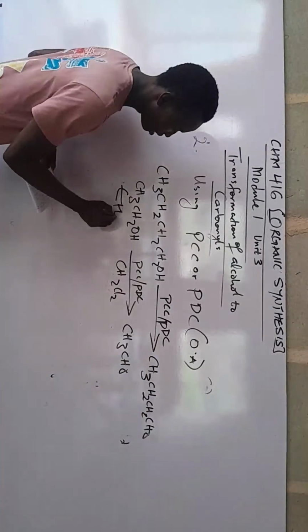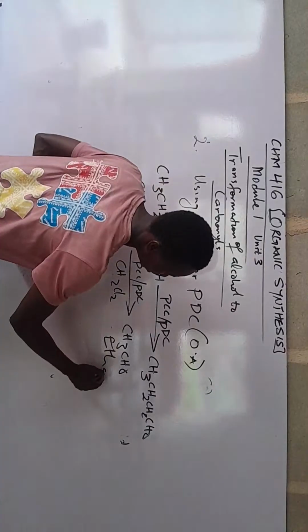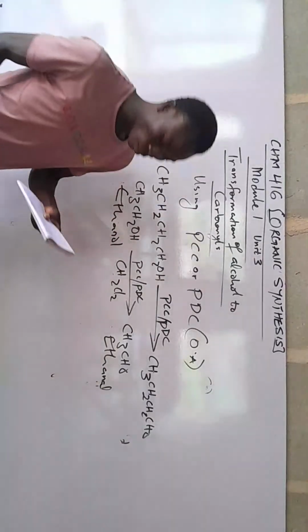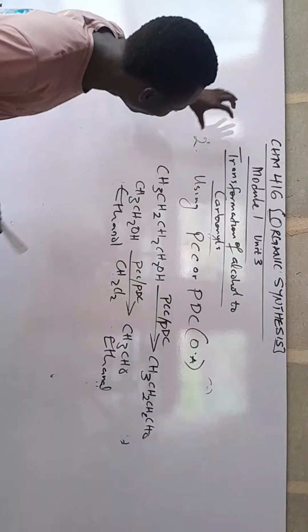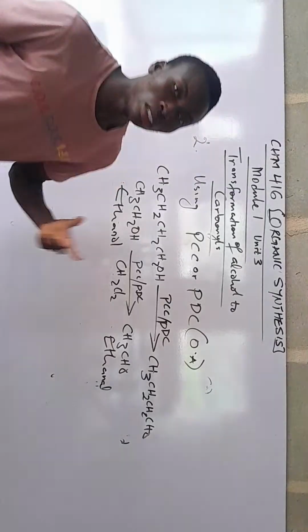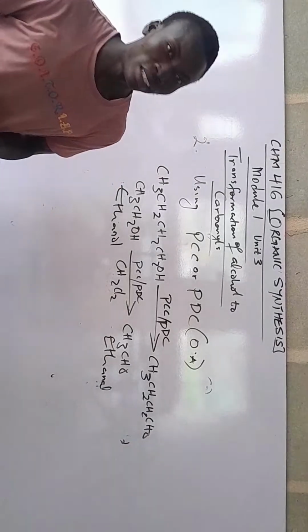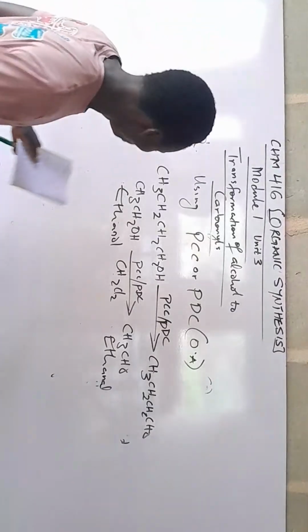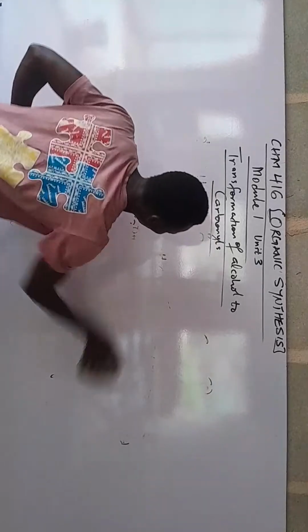This is ethanal. So that is the second one, the conversion of primary alkanol to aldehyde.